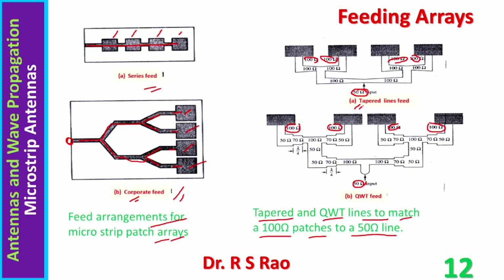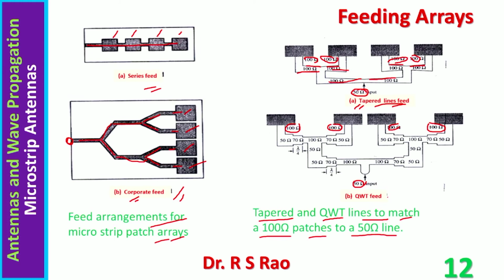In A, tapered lines are used to provide matching. You see tapering here. Here also some tapering is there. Here also tapering is there. So these tapered lines are designed. Tapering is selected in such a way that this 50 ohm line is matched to 100 ohm.